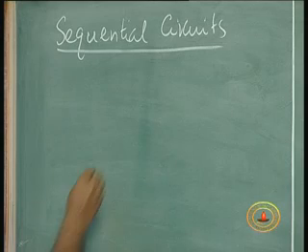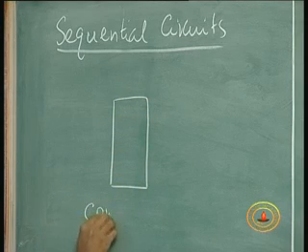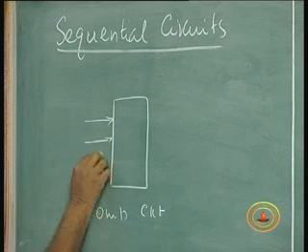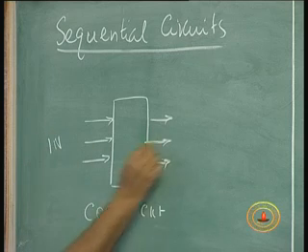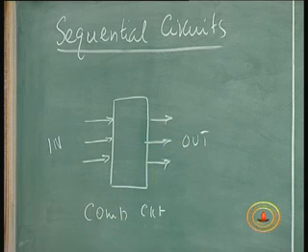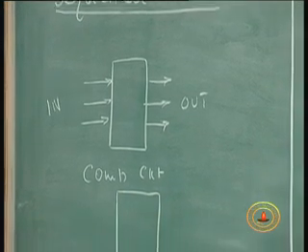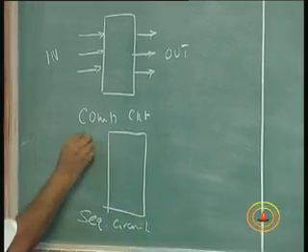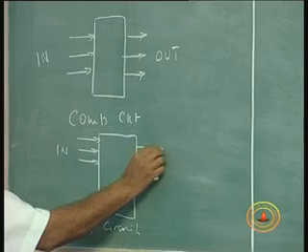So, if this was a combinational circuit model, we give inputs and it gives outputs. The sequential circuit model will be inputs, outputs.